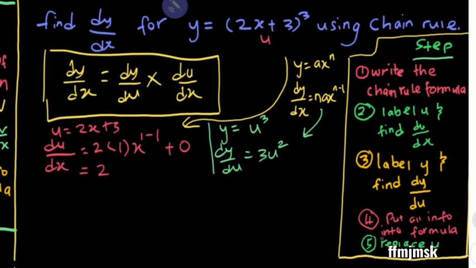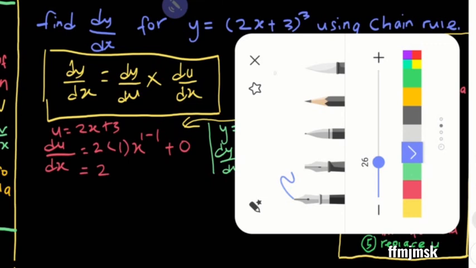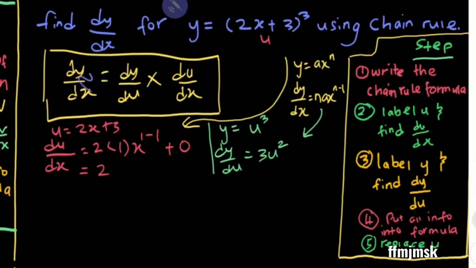Step number 4, put all information into the formula. Just refer to your formula above and write down all the information. So we have dy over dx is equal to dy over du, 3u power of 2, multiply with du over dx, which is equal to 2. So here we will get 6u power of 2.